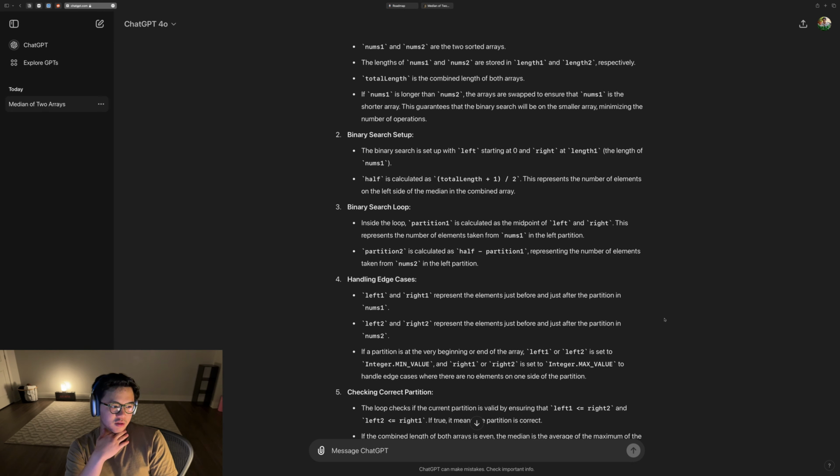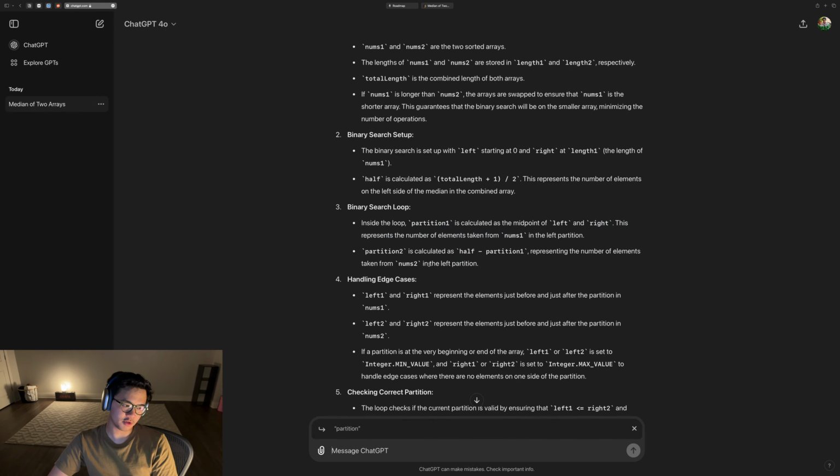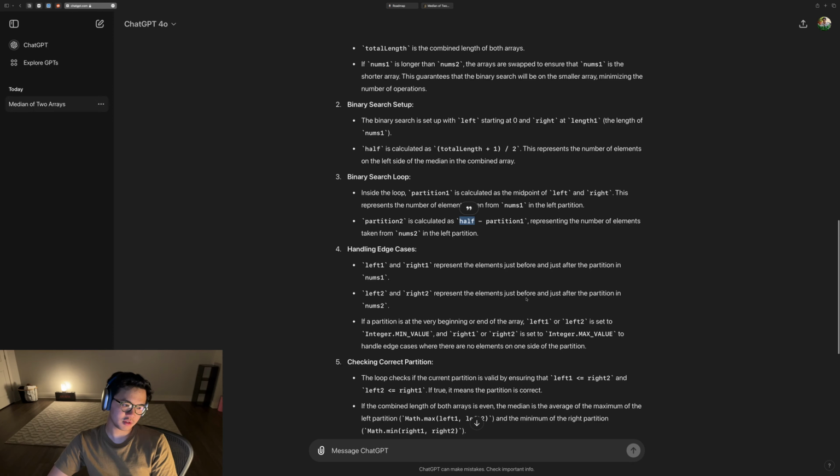So no matter what, this position will always change, but we want the remainder because the median will always be at the half point. So as middle, or partition 1, gets smaller, partition 2 needs to get bigger. So partition 1 and partition 2 will always equal half. That's fine, I get that.